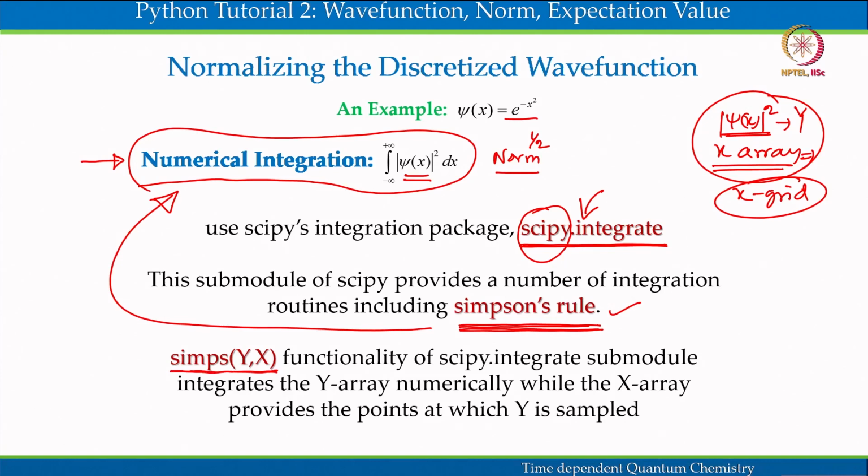Let us remind ourselves that when we used the plot functionality of PyPlot, we used the plot(x, y) construct. Here, when doing numerical integration with simps imported from SciPy integrate, I have simps(y, x).